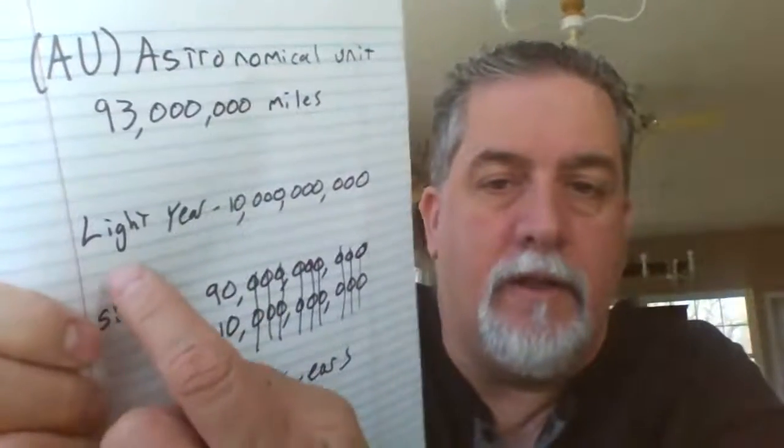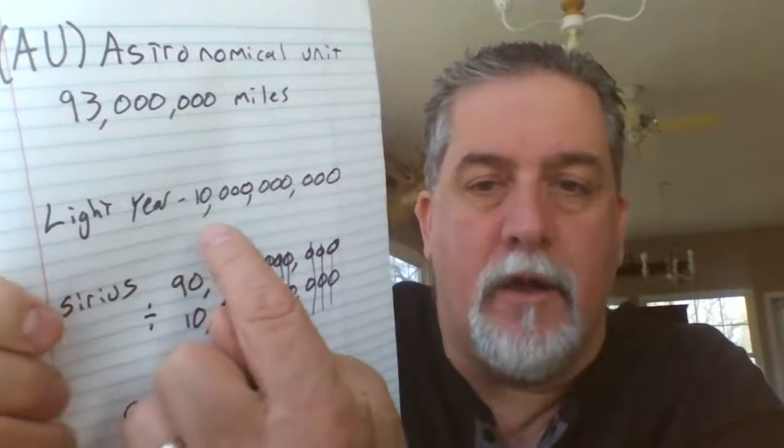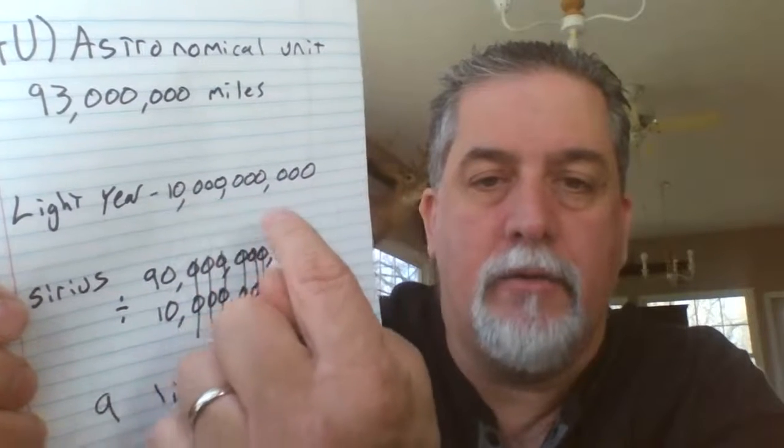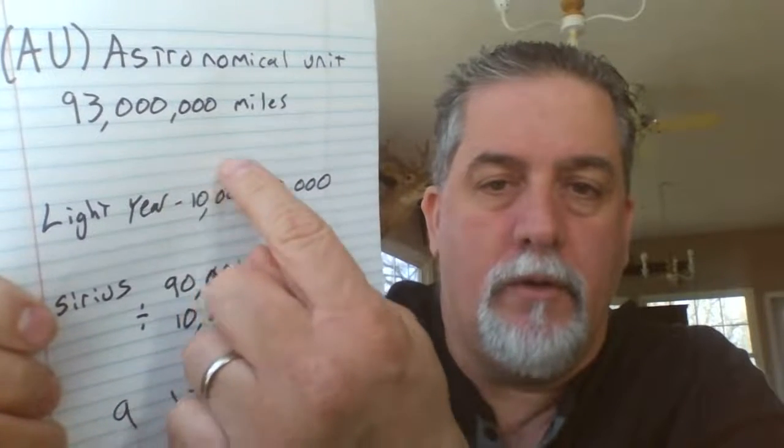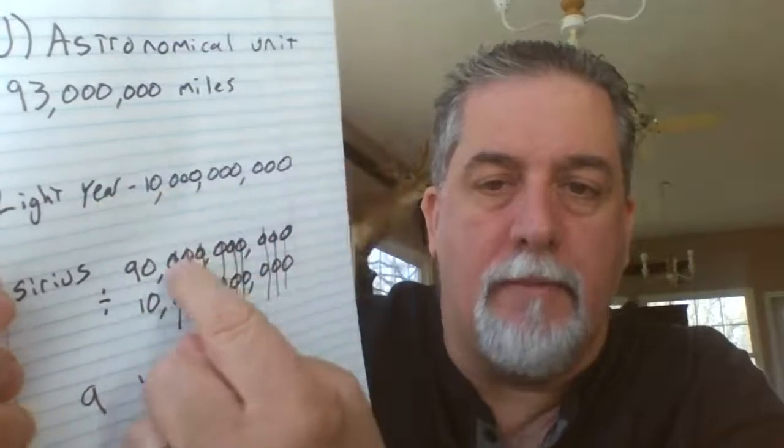That's always going to be your divider. To figure out a light year, you're always going to divide by 10 trillion. Your larger number would go on top like this. Doesn't matter what star you look up, that's on our sheet, you have to divide it by 10 trillion. I hope you understand that.